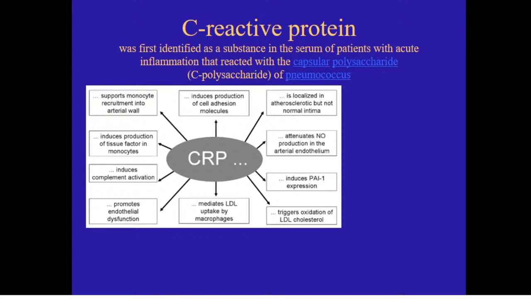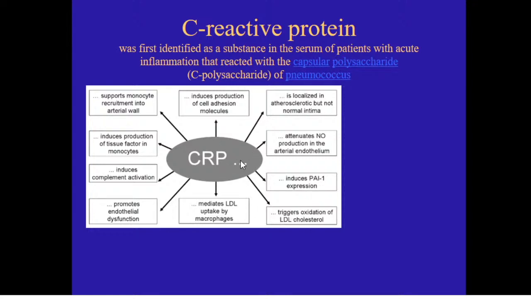The functions of this protein are very wide. You can see that it supports monocytes going to the intra-arterial wall, induces production of adhesion molecules, interacts with production of nitric oxide, induces expression of special mediators of inflammation, and mediates low-density lipoproteins and cholesterol, being one of the triggers of their oxidation.